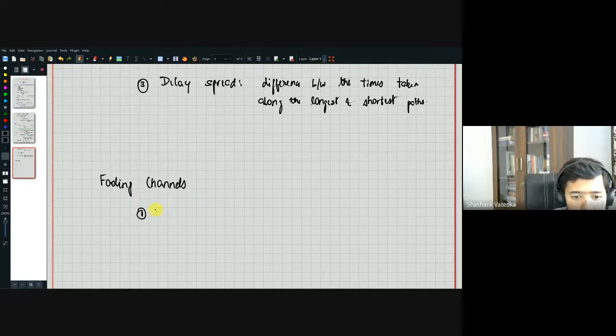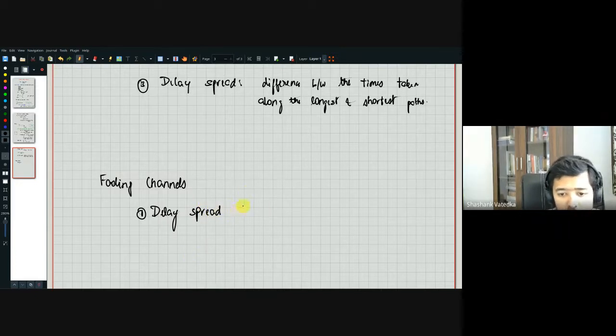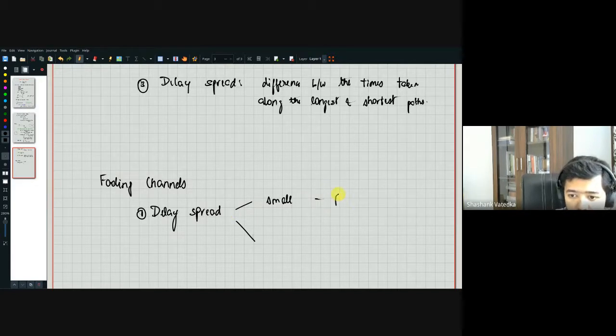So depending on the delay spread, if the delay spread is small, much smaller when compared to the wavelength and compared to the sampling rate, we call the channel a flat fading channel.